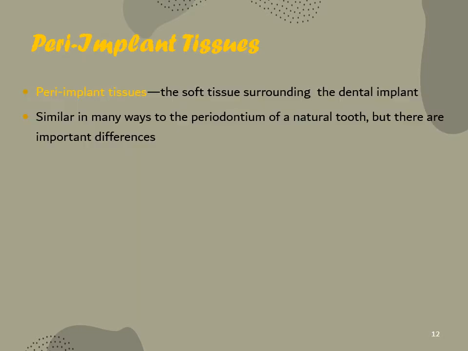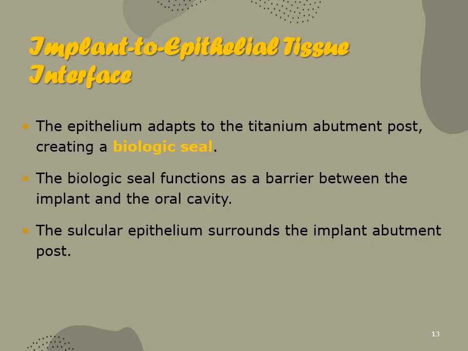Peri-implant tissues are the soft tissue surrounding the dental implant. It's very similar in a lot of ways to the periodontium of a natural tooth, but there are pretty important differences. First of all, we have the implant to epithelial tissue interface. We know that in a natural tooth, we have sulcular epithelium and junctional epithelium. But with an implant, there isn't really any cementum for things to attach to. So the epithelium is going to adapt to the titanium abutment post and create a biologic seal.